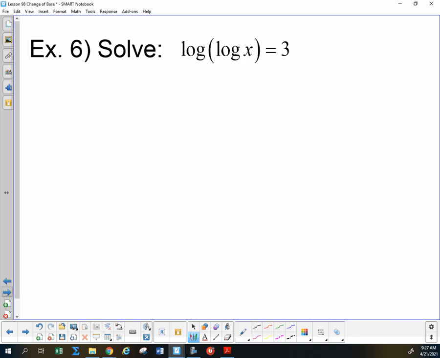The log base 10 of the log base 10 of x is 3. So what I am going to do here, I'm going to write that one in, and change it to exponential form. So I'm going to say 10 cubed is my original base, log base 10 of x.